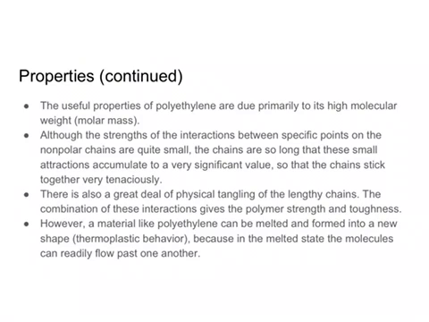And there's also a lot of physical tangling between the chains, which makes the polymer stronger. However, a material like polyethylene can be melted, like we talked about before with the thermoplastic, into a new shape. And this melted state can readily flow between molecules, which makes it a lot easier to move around.